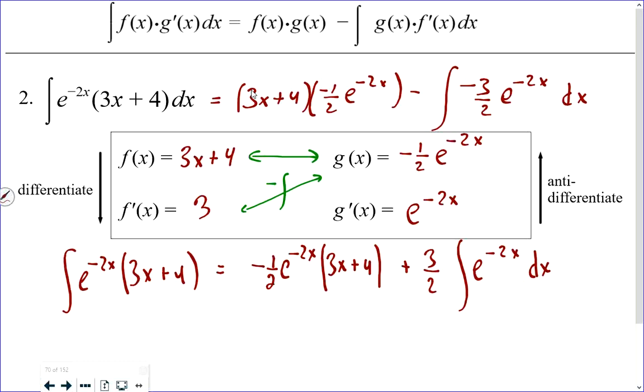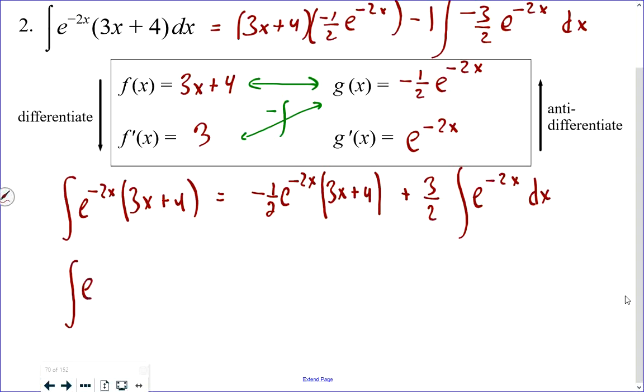So that constant in the integrand, that constant of negative 3/2 can be moved out in front, and if I multiply that by the constant in front, which is just negative 1, I get 3/2. And now, this is the point, you can integrate e to the negative 2x. In fact, you better be able to, because you had to do that to get here, right? Because that's what you chose for g prime of x.